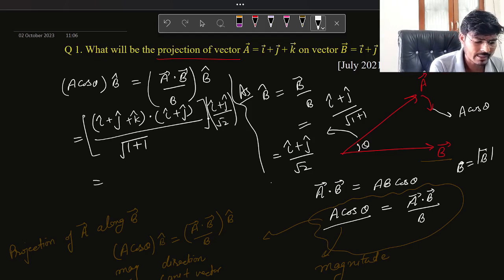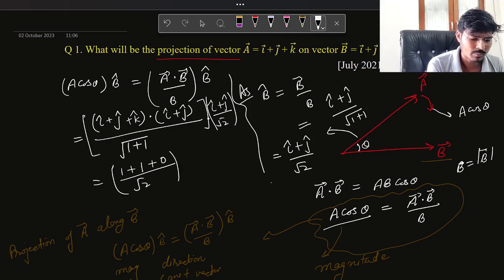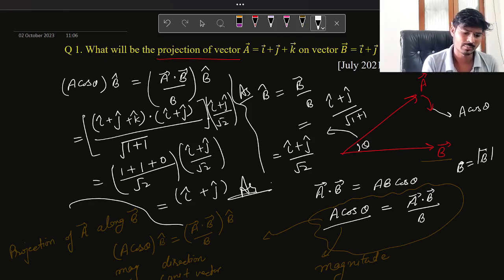I cap dot I cap, that is 1, plus j cap dot j cap equal to 1, plus k cap dot 0 is equal to 0, over root 2 multiplied by I cap plus j cap by root 2, and what will be the final answer here? 2 over root 2 into root 2, that cancels, and the final answer will be I cap plus j cap.